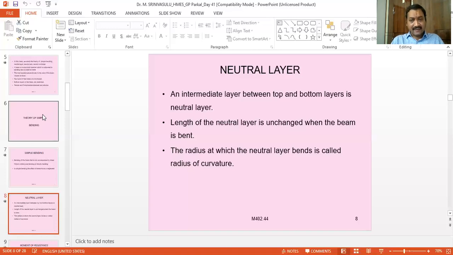Then that layer is called the neutral layer, and the radius at which the neutral layer bends.